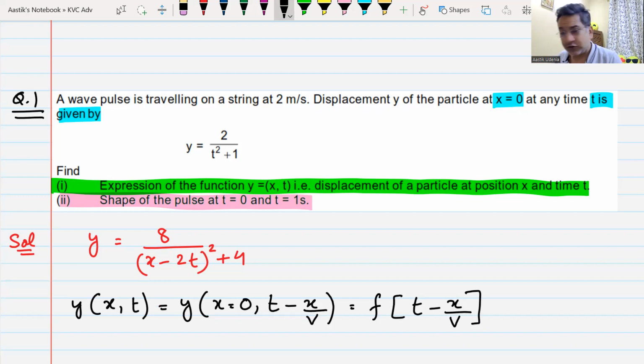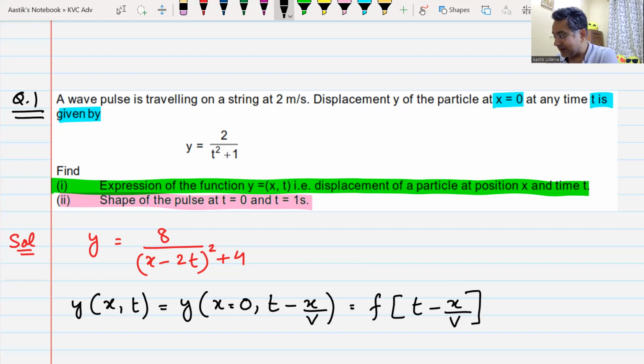This is same as what you were saying, that I found out the value of k. The value of k is the coefficient of t divided by the coefficient of x. That is nothing but your value of v. Yes or no?